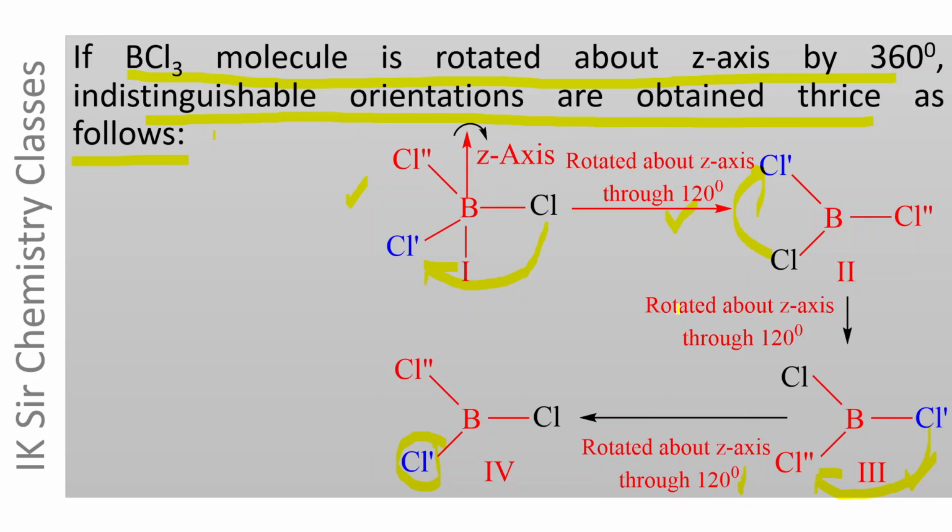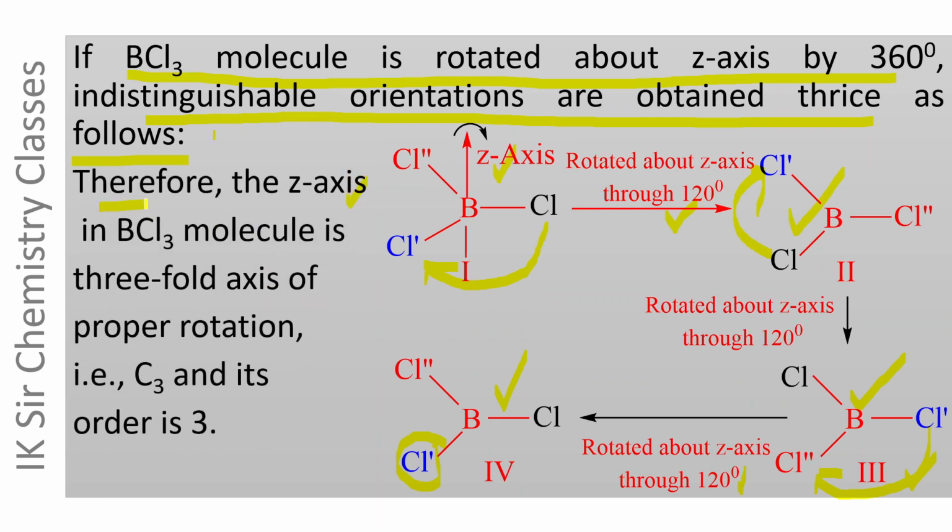Overall, the molecule is rotated through 360 degree about Z axis, and as a result 1, 2 and 3 indistinguishable orientations are obtained thrice.